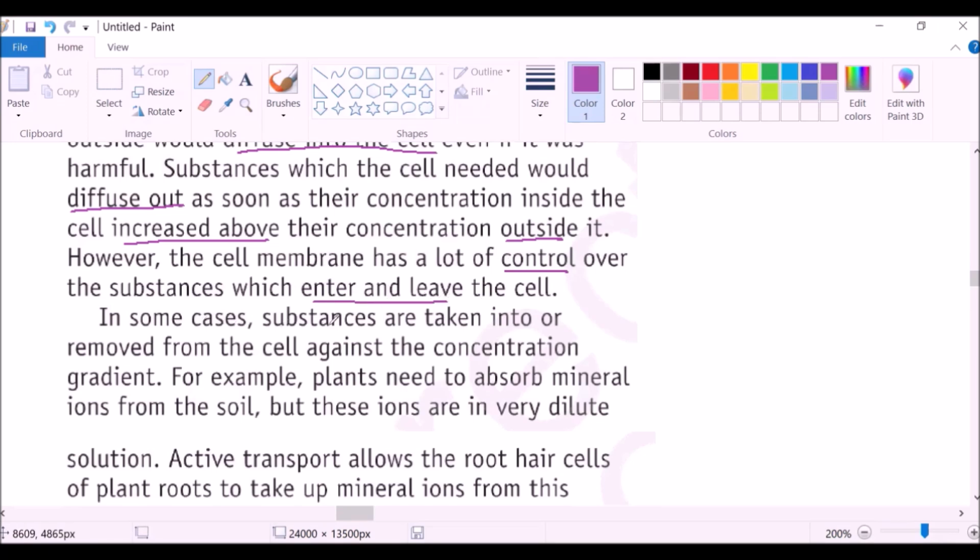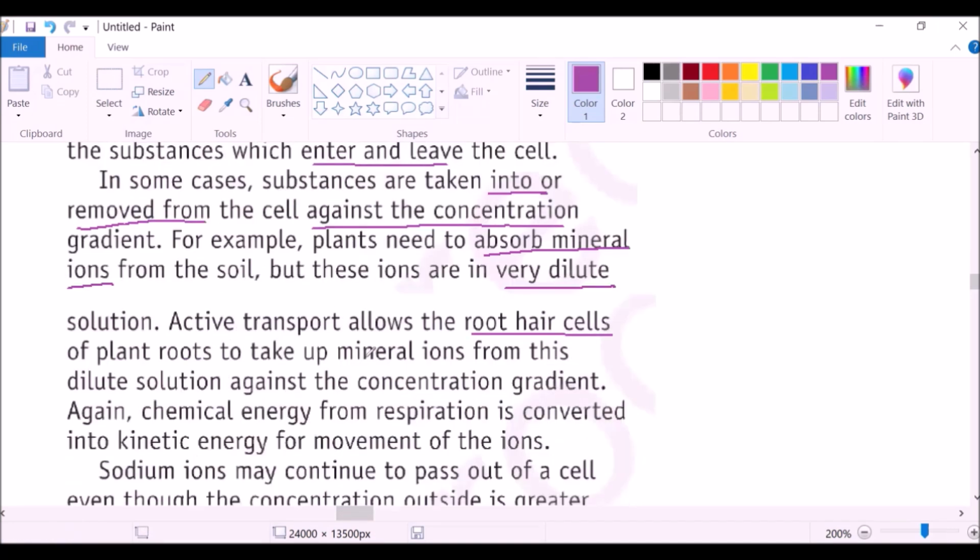In some cases, substances are taken into or removed from the cell against the concentration gradient. For example, plants need to absorb mineral ions from the soil, but these ions are in very dilute solution. Active transport allows the root hair cells of plants to take up mineral ions from this dilute solution against the concentration gradient.